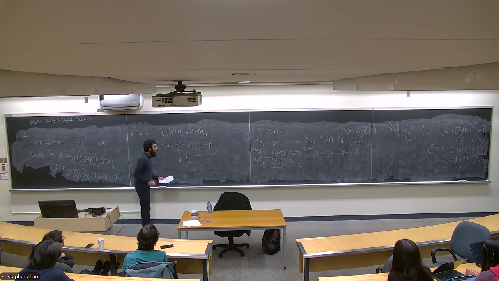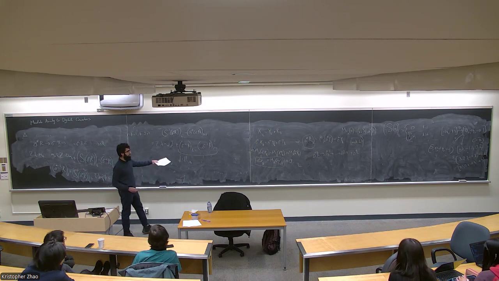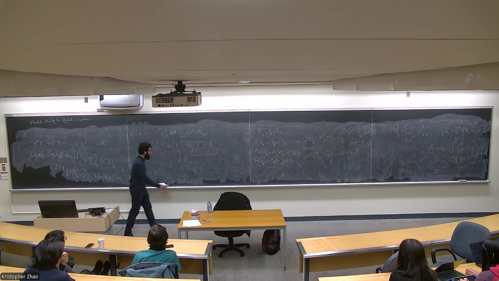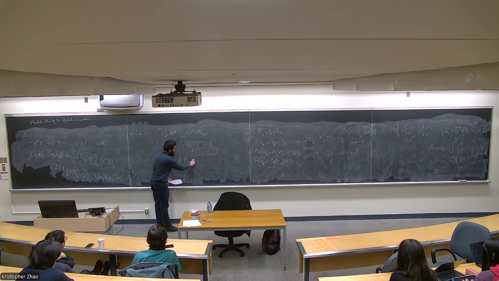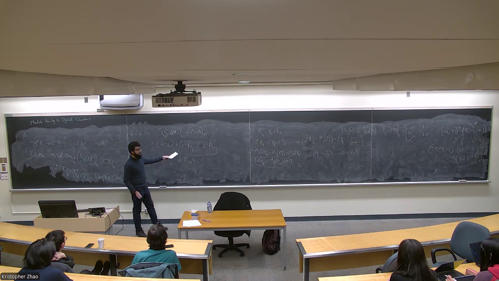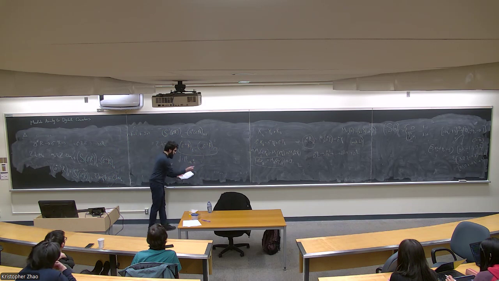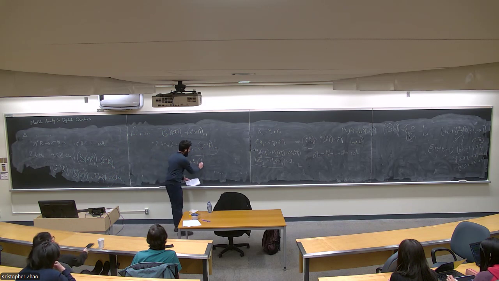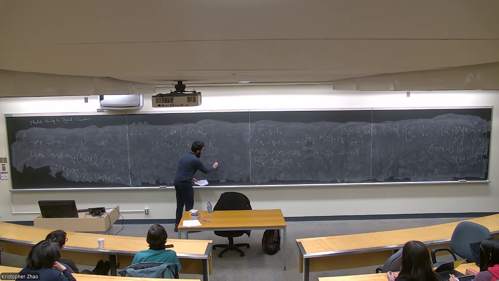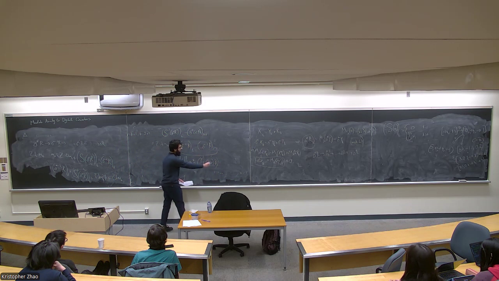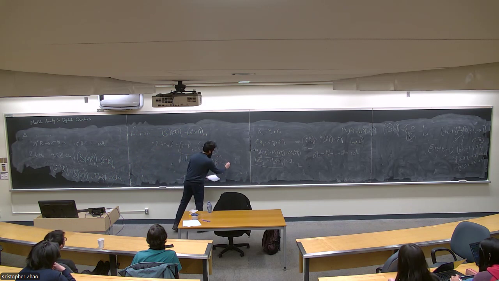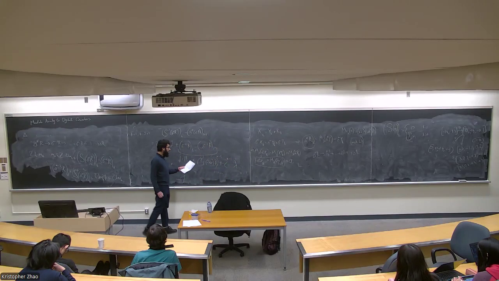I won't go over the full details here because it takes a few more lines, but eventually, using those bounds and also the triangle inequality, you can show that the infinity norm of this difference is upper bounded by the same term that we had before, but now with the power n minus 2, plus 2 to the power n minus 1 times lambda.